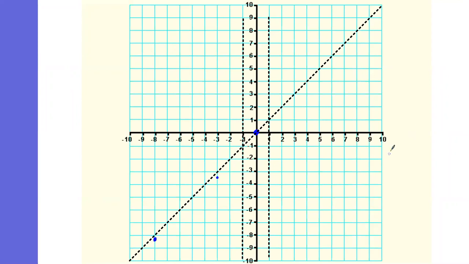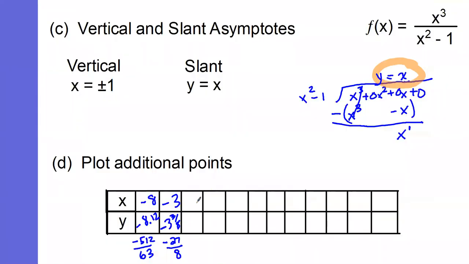All right, let's do one more point. Let's get close to negative 1. Let's plug in negative 1.5. So negative 1.5 to the third power is negative 3.37.